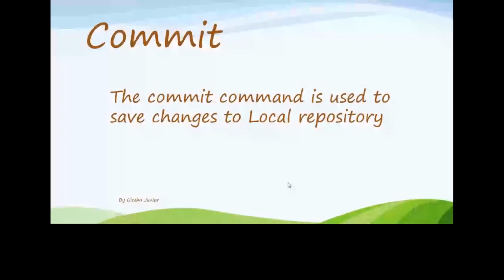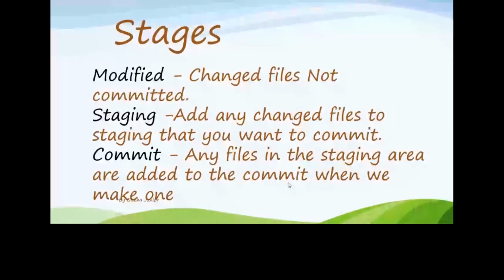Then you have the stages that you undergo when making changes on your Git repository, basically on your project. First, changed files not committed: you have the modified stage. You have changed files, but they are not committed. They are called modified files. Then we have staging.